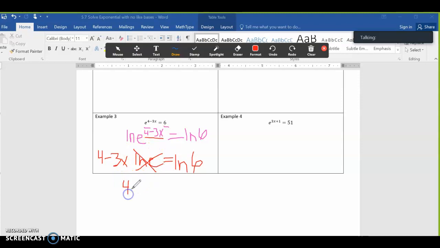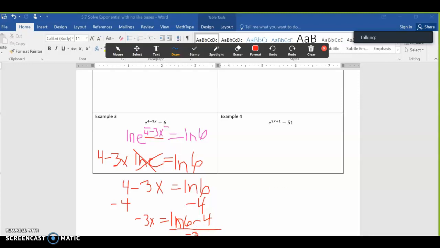So I'm just left with 4 minus 3x is equal to ln 6. I'm going to solve for x, so I'm going to subtract 4 from both sides. So now I have negative 3x equals ln 6 minus 4. And this is an L and an N. Then I'm going to divide both sides by negative 3.